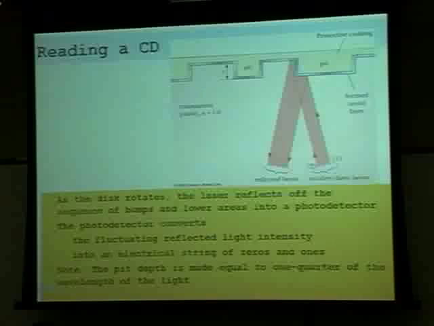So destructive interference would be 1, and then as you hit the plateau here, you'd have constructive interference, and that would be your 0. And it might be based on timing as well. So you get a string of zeros, and then you hit this corner again, get destructive interference between one level and the next, and so forth and so on.